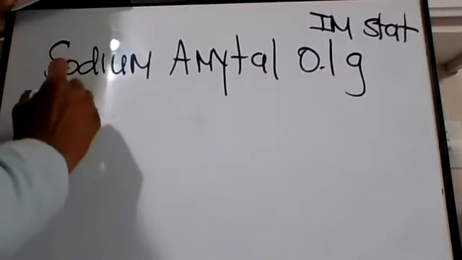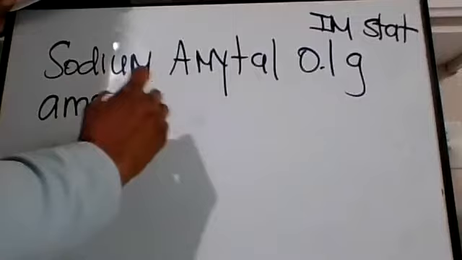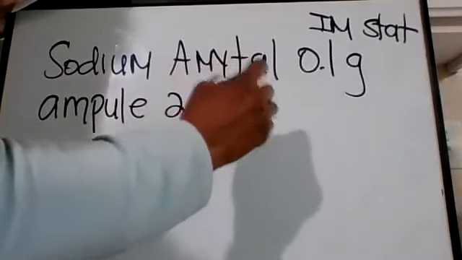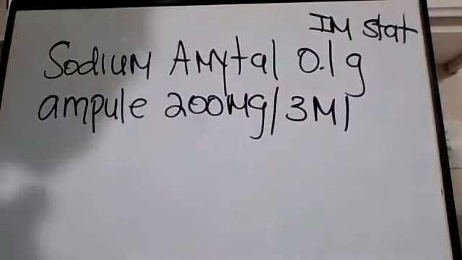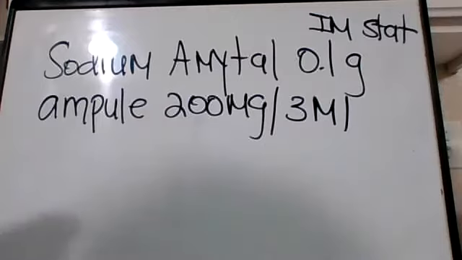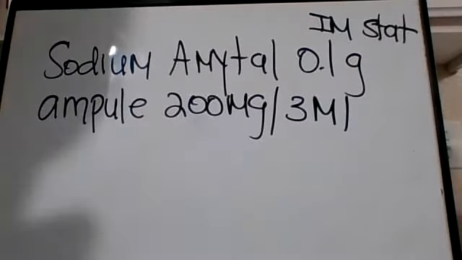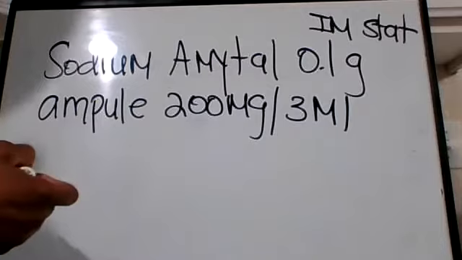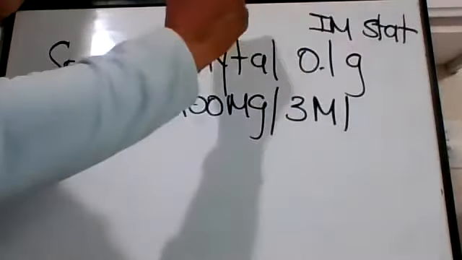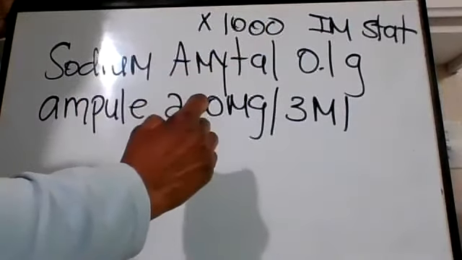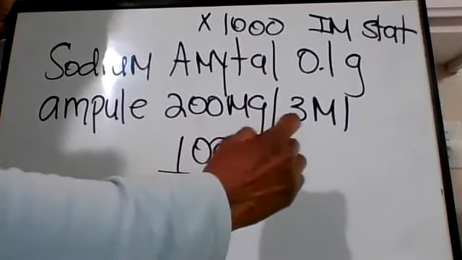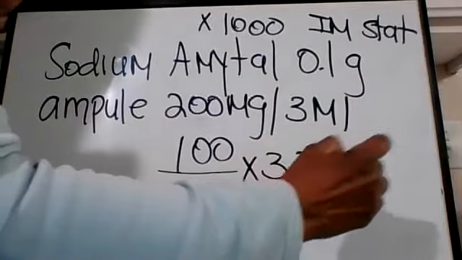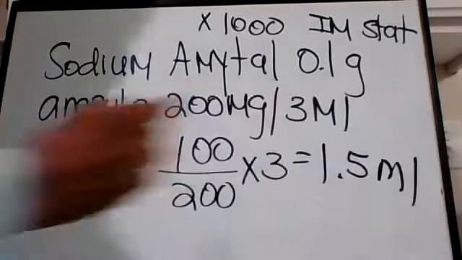You have an ampule available that has 200 milligrams per 3 milliliters. All right, convert grams to milligrams. We're going to multiply the 0.1 by 1,000, and we come up with 100 divided by 200 times 3, and we come up with 1.5 milliliters.